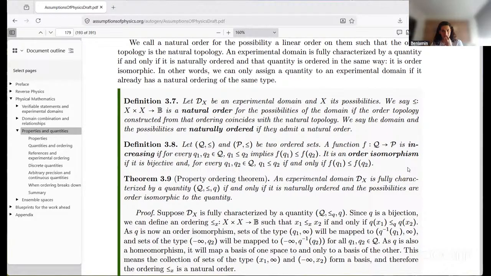It feels like every bijective increasing function is, well, I don't know, it could be. I have to go and relook. I have a cheat sheet of order theory. I suppose it's not particularly important since the if and only if certainly means what you want it to mean.